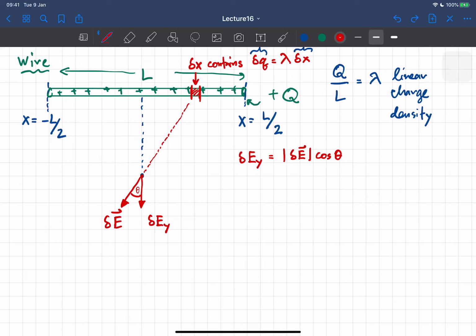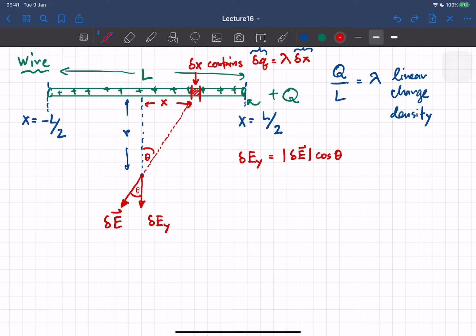And this angle is the same as this angle, because when you have two lines intersecting each other, those are the same angle. And we can calculate the cosine of this angle this way. This distance is r, and this distance is x. x is the variable that we're going to integrate in a few moments, but at this point the distance of this section from the center is x.